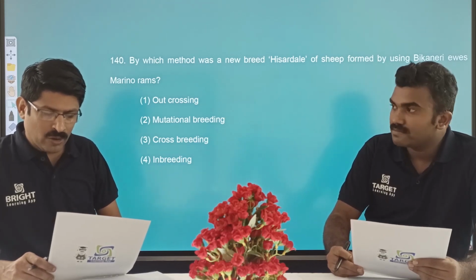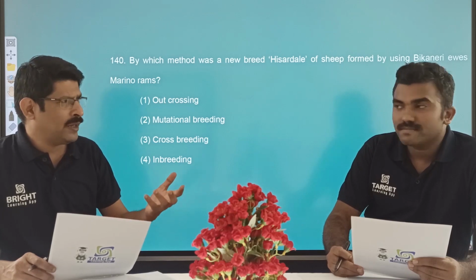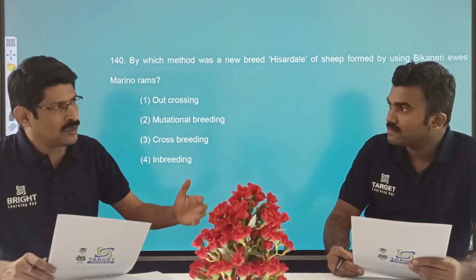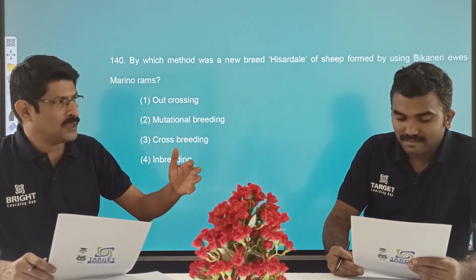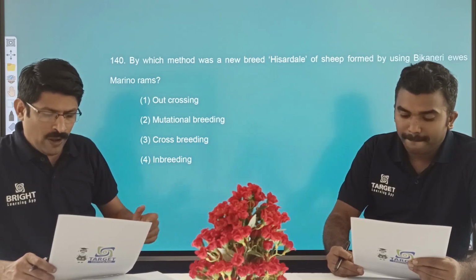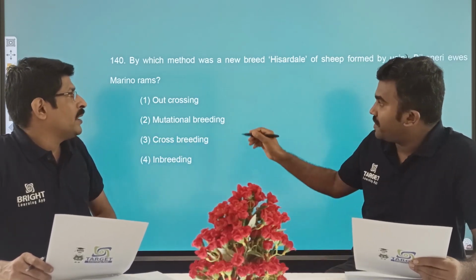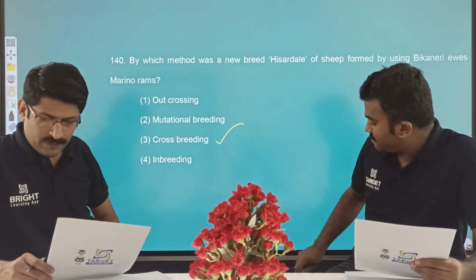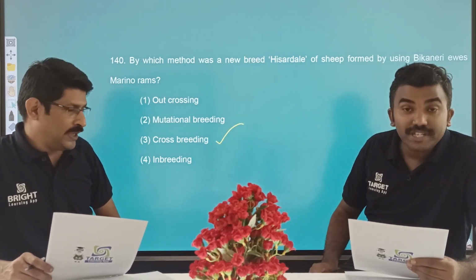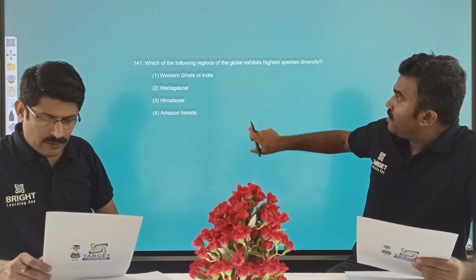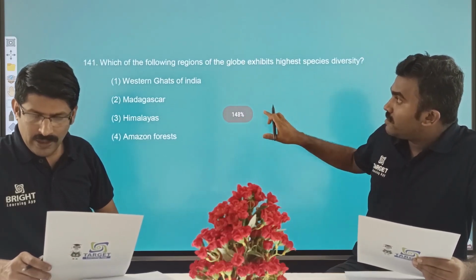It is the cross-breeding technique. It is the exact same line that is present in the NCERT. Next they go for interspecific hybridization, and the mule is explained. So the answer is the third one, cross-breeding, page number 128.